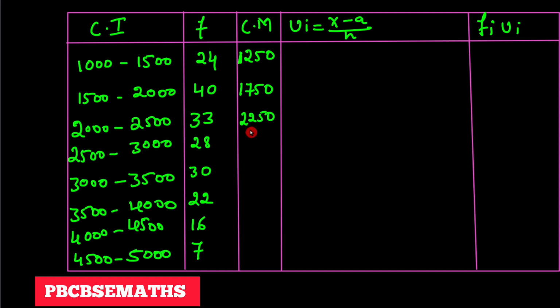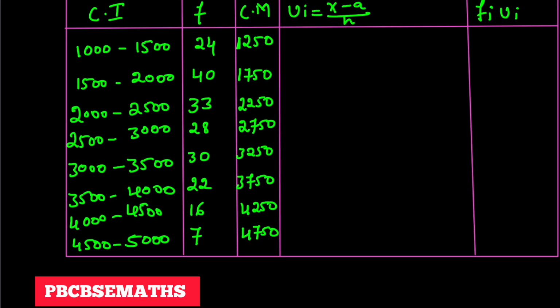Here we are going to get 2750. Here it is 3250. Here it is 3750. Then 4250. At last we will write 4750.